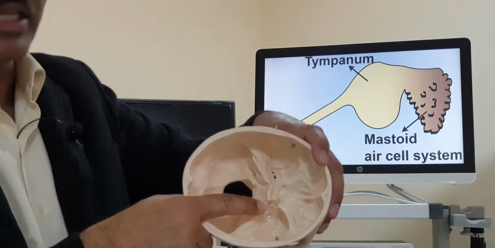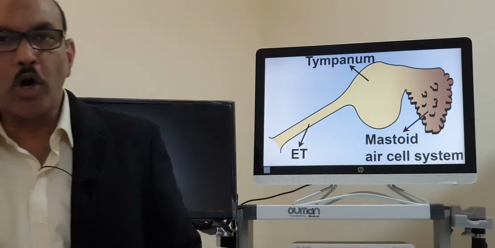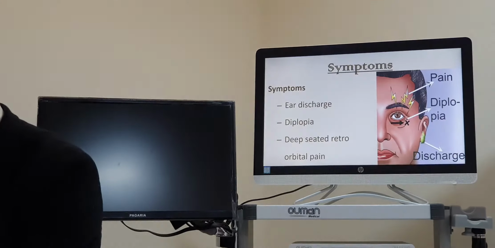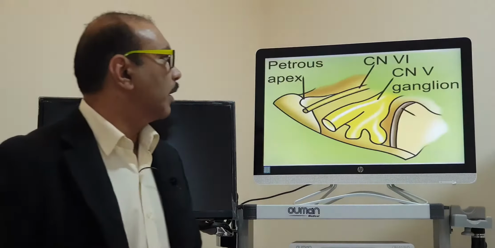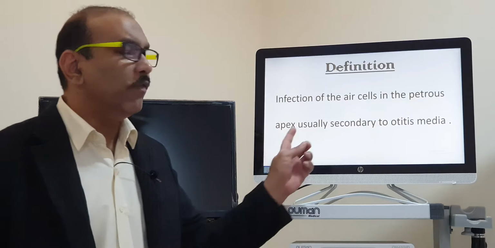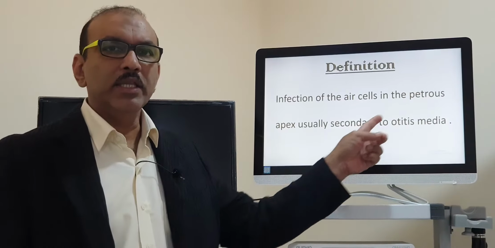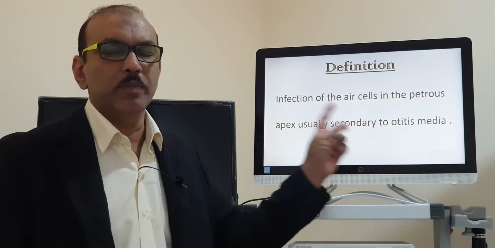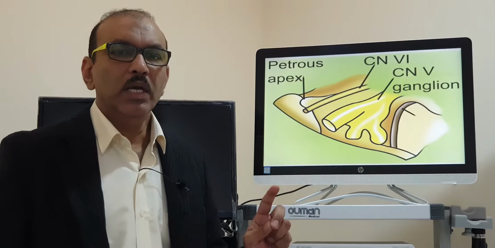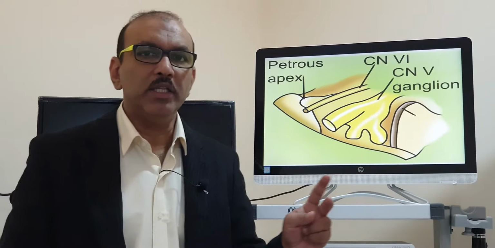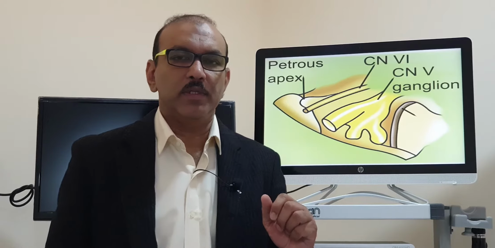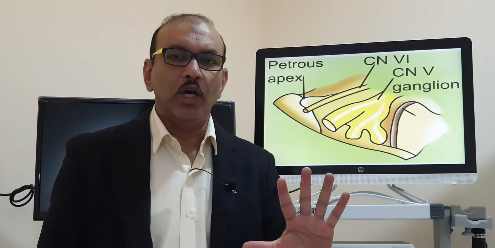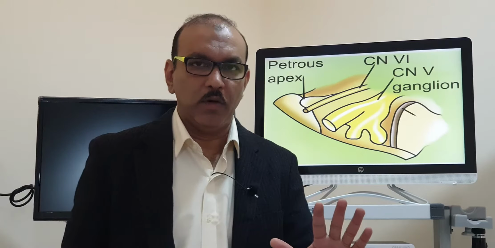So at this stage, if you ask me what is Petrositis, it is infection of the air cells in the petrous part of the temporal bone, which is secondary to otitis media. Here in the petrous part, there are two important cranial nerves. One is the fifth cranial nerve, the other one is the sixth cranial nerve.